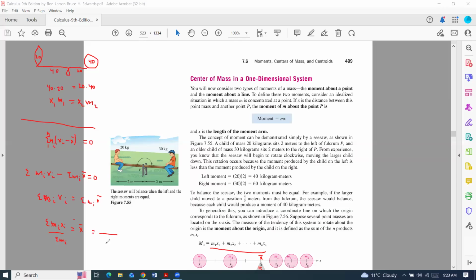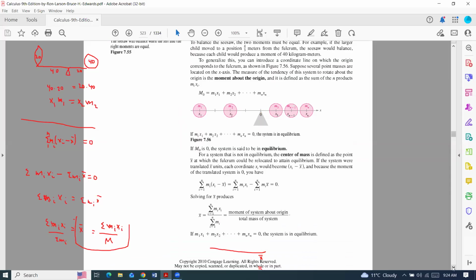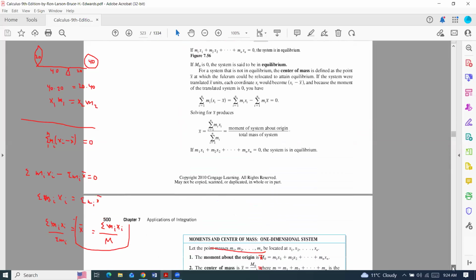So there's a capital M, the mass of all of these weights on one side and on the other side, and this will be divided into the sum of each mass times the distance of mass. So that's the formula that they come up with for the x coordinate.